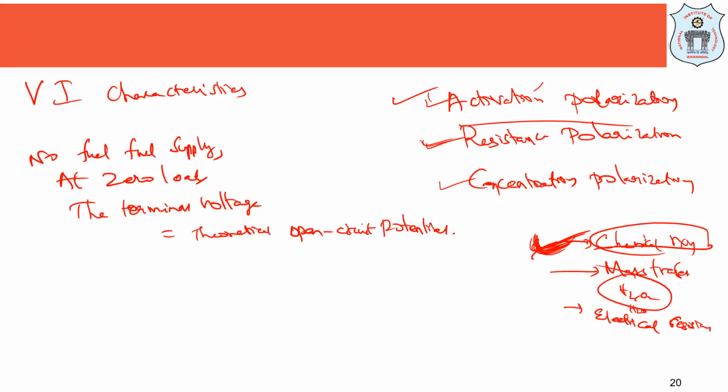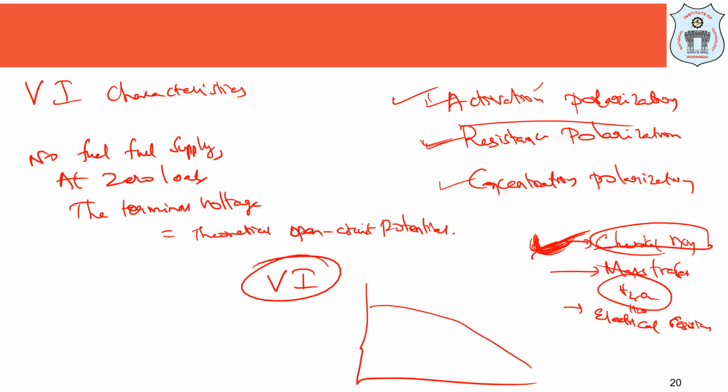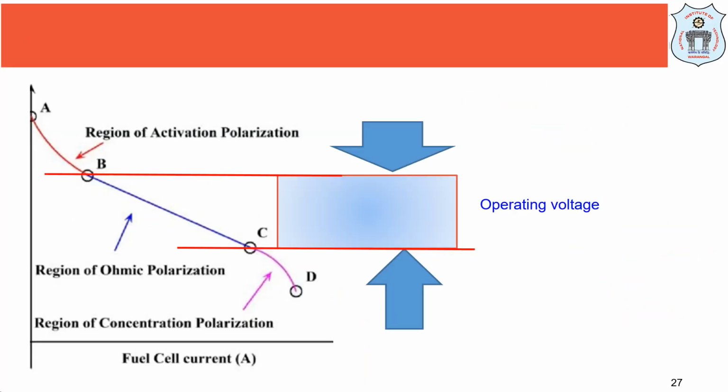So in practice, the operating point is fixed in the range of BC. We will have three voltage ranges in the polarization curve: one due to activation polarization, one due to resistance polarization, and one due to mass transfer or concentration polarization. So we will try to operate in a better range, because there are three zones, A-B, B-C, and C-D.